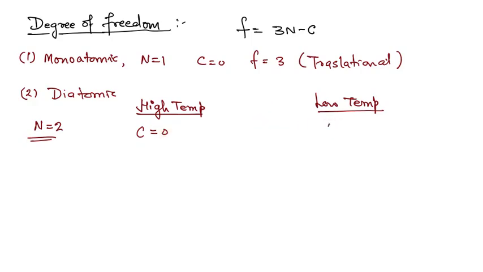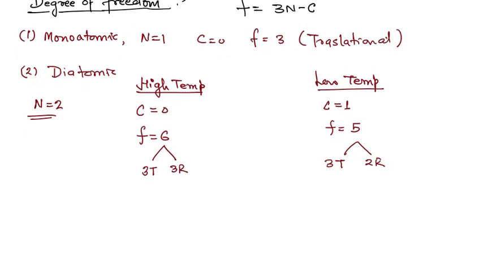At low temperature there will be at least one constraint, the bonding between the two atoms. So F is 3 into 2, 6, and 6 minus 1 is 5. Among these 6 there will be 3 translational and 3 rotational. Among these 5 there will be 3 translational and 2 rotational. That was simple for the diatomic molecule.